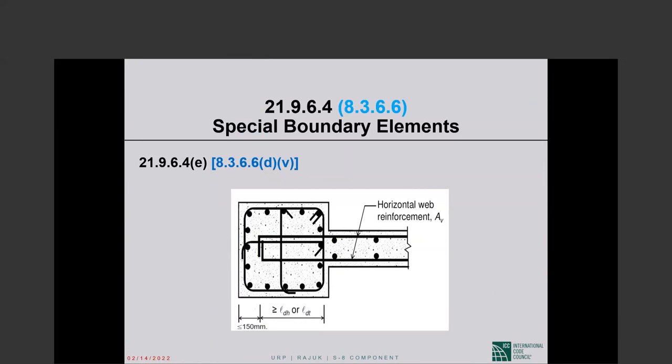That is, in very basic terms, to grab as much concrete as you can with the horizontal bars. This is very crude common sense kind of a requirement. Okay, so go as far as you can into the boundary element, come within 6 inches of the end of the shear wall, not compromising the cover requirements.